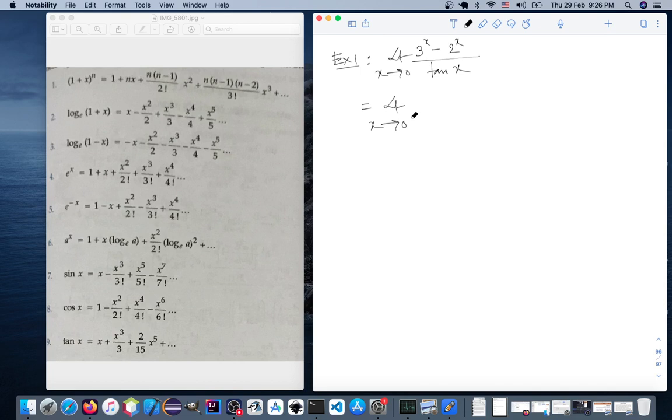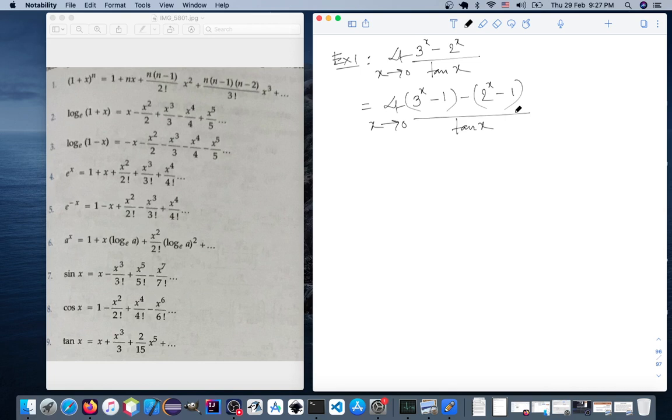One way is that we add minus 1 to this, and that can be adjusted if we write 2 to the power x minus 1 this way. So the 1 got adjusted, minus 1 and plus 1. So we are left with 3 to the power x minus 1 minus (2 to the power x minus 1), and then 10x.